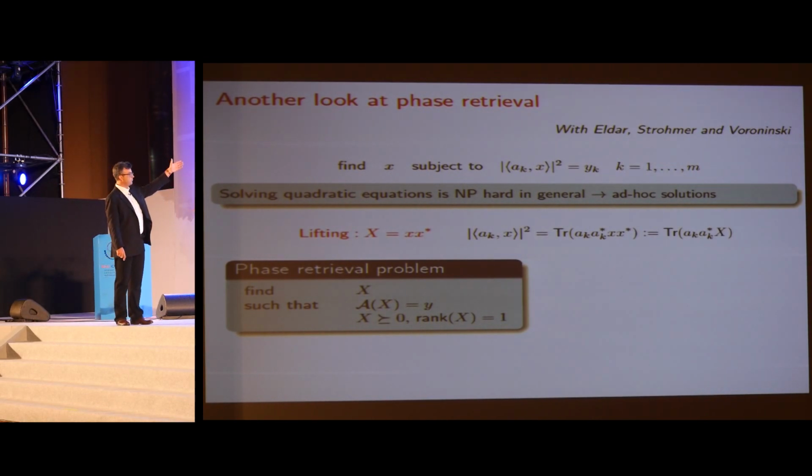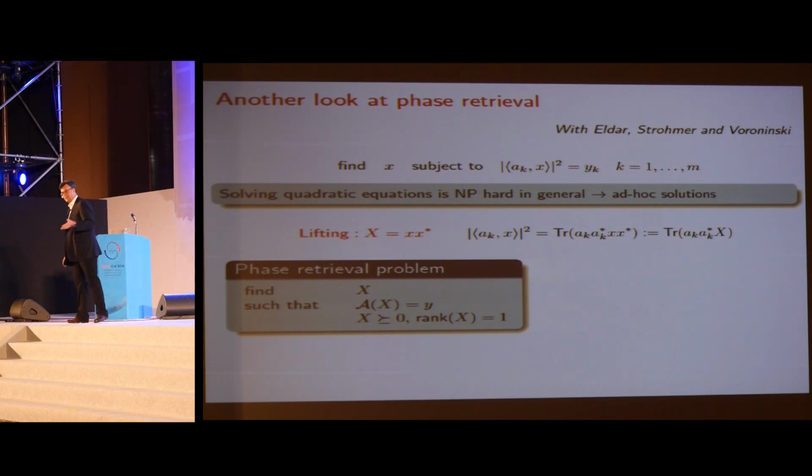And now the phase retrieval problem is literally a rank 1 completion problem, because what you have to do is find a matrix X which is compatible with the linear measurements, but it's xx star. So it has to be positive semi-definite, and it has to have rank 1. So it's a matrix completion problem.